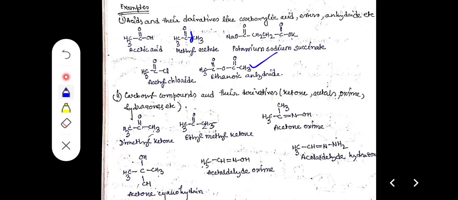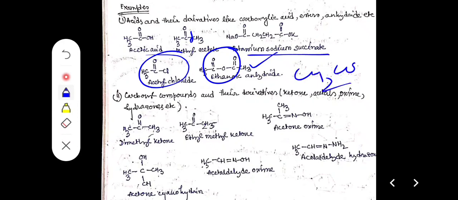There should be anhydride, because this group is justified, and acid chloride. And this is succinate, because there should be CH2COO negative and CH2COO negative anions. That's why this is termed as succinate. Okay.